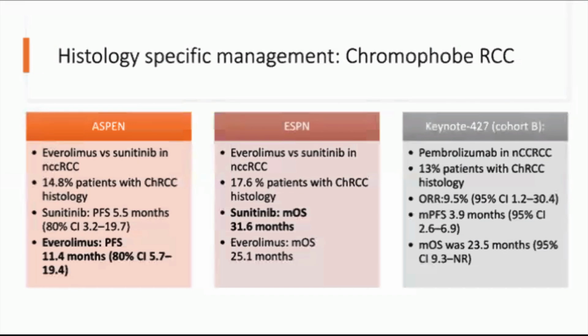In the ESPN trial, the exact opposite was observed, which really, I think, highlights the variability within histological subtypes and the importance of having larger, robust trials examining those questions. But obviously, with how rare these malignancies are, it is difficult to recruit for said trials.